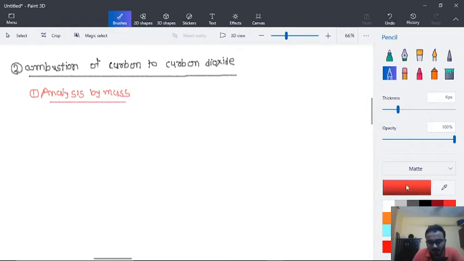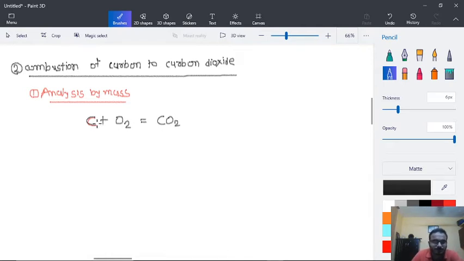So let's begin. We all know the combustion equation, C plus O2 is equal to CO2.